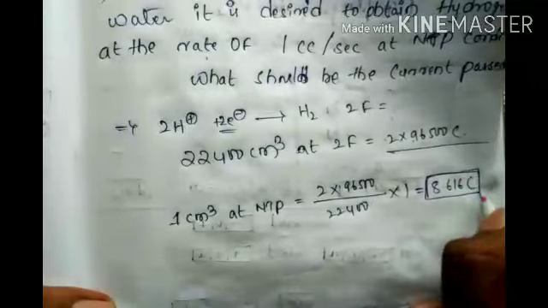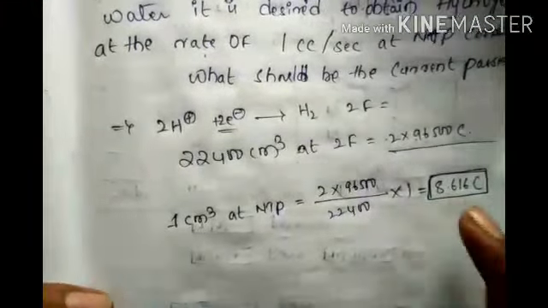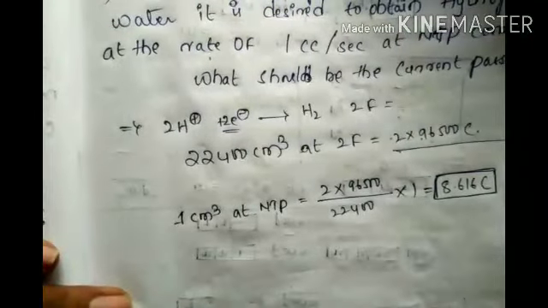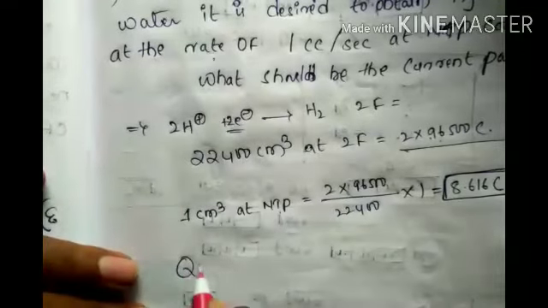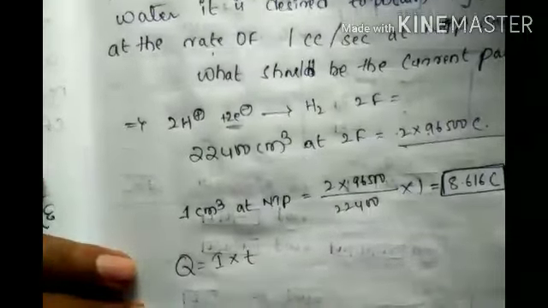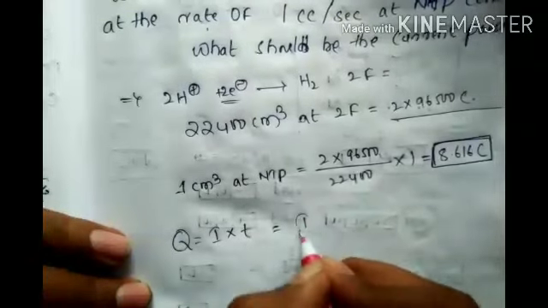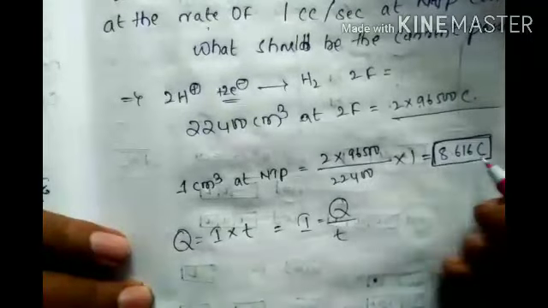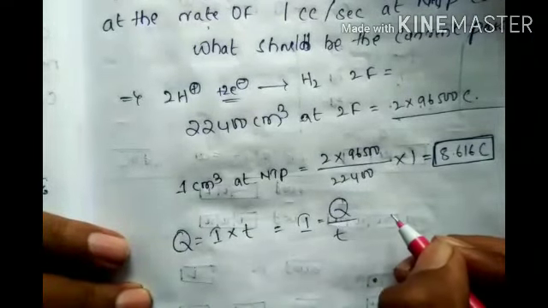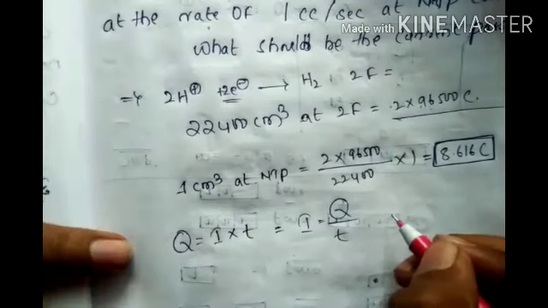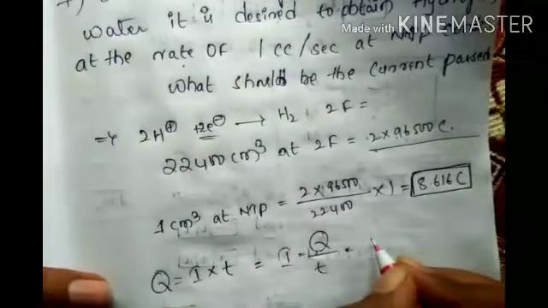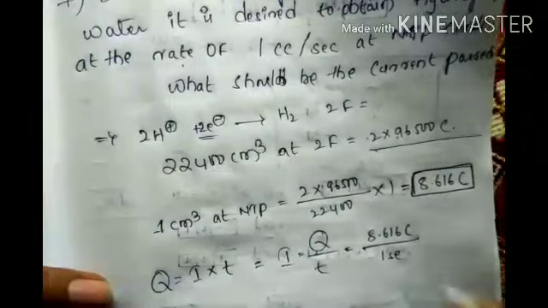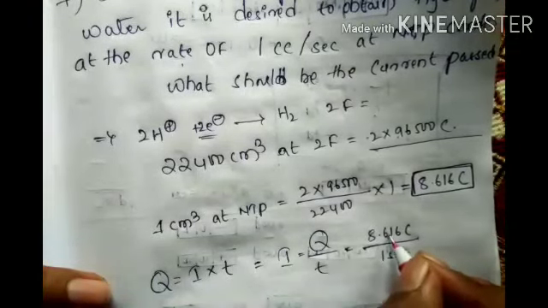Each second this many coulombs are going. Now convert into seconds. Q equals I into T. This we know. Now current we want, so ampere equals Q by T. Quantity of electricity we got, time we have for each second: 8.616 coulombs per second.